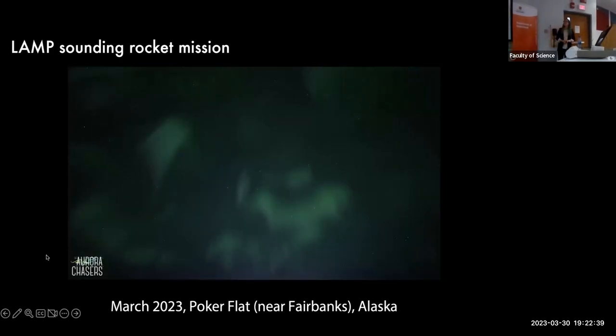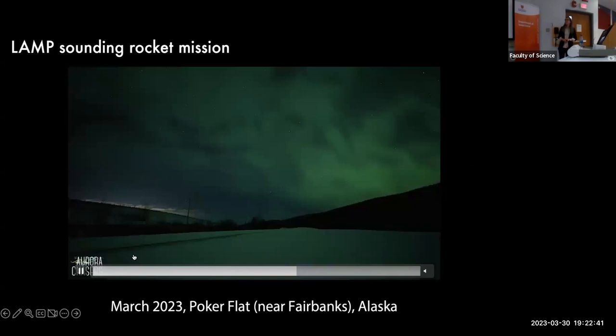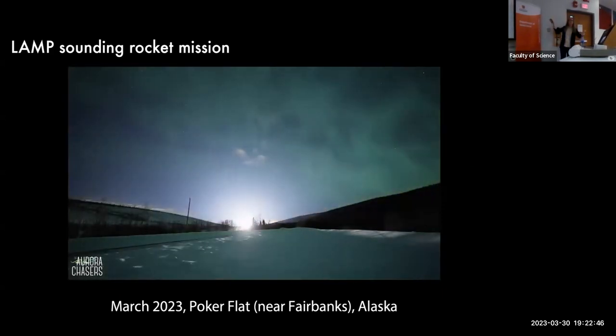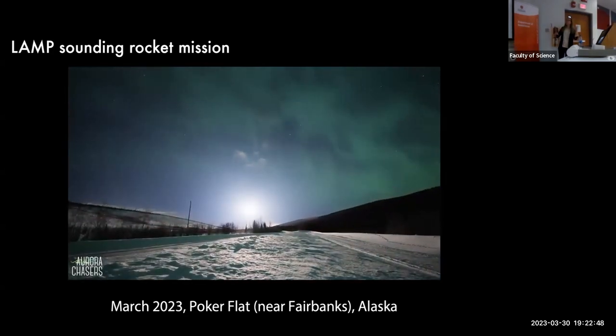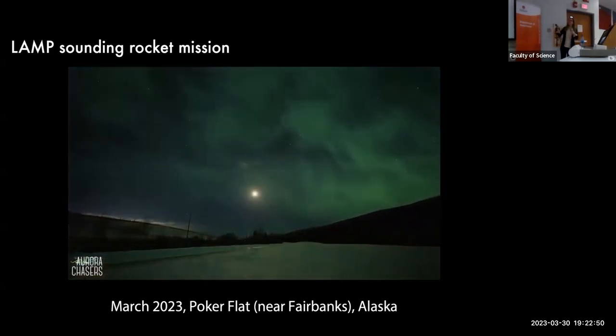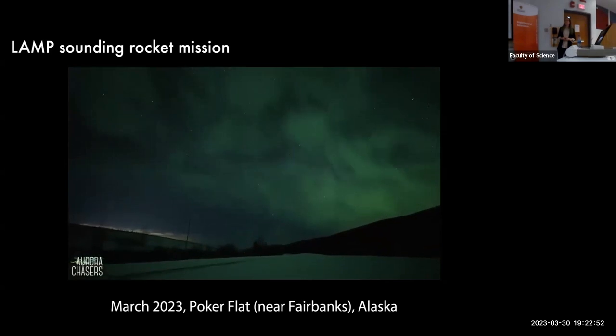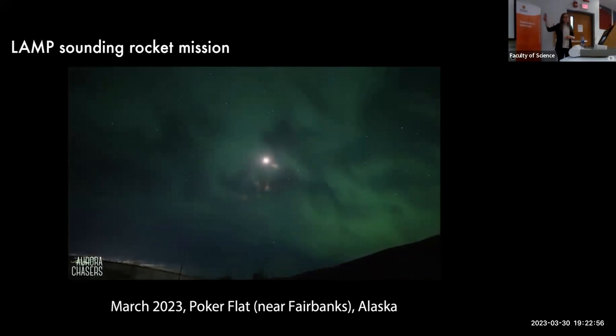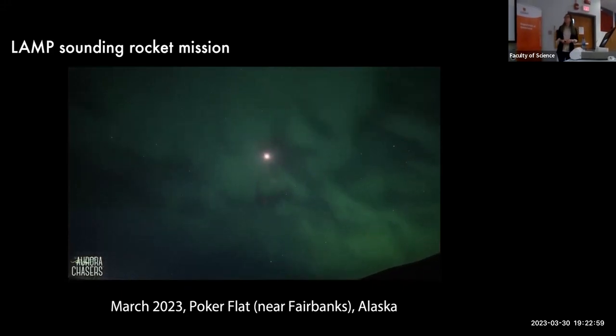So there's the first stage of the LAMP mission rocket that goes off, and you can see it goes right into that green pulsating aurora where you can see those patches hanging around everywhere. There's the second stage motor that lights up and brings it higher and farther as it traverses across the Alaskan countryside.